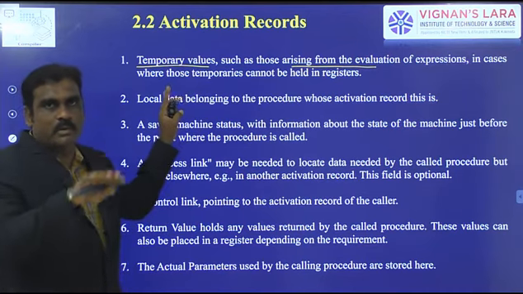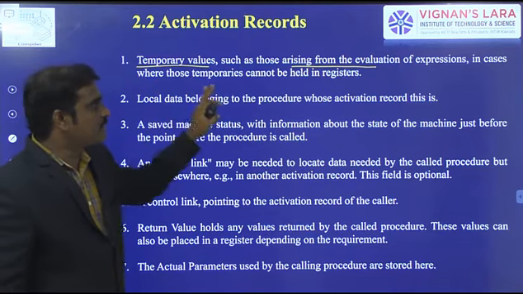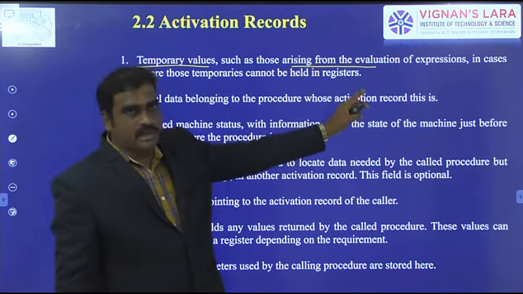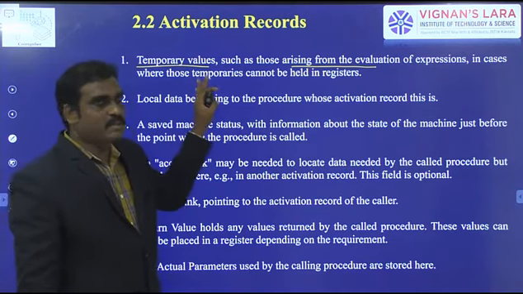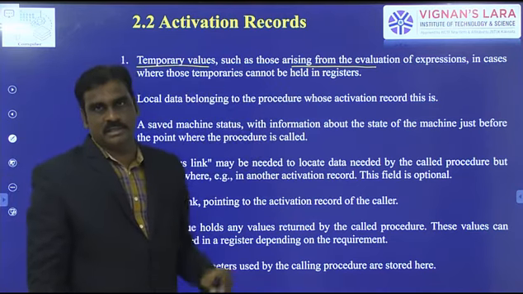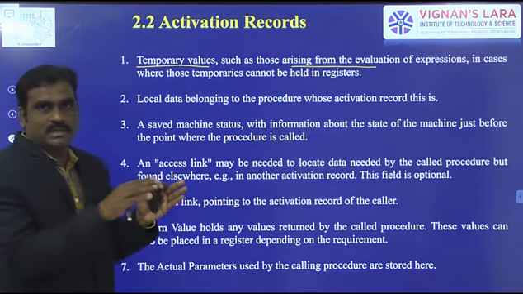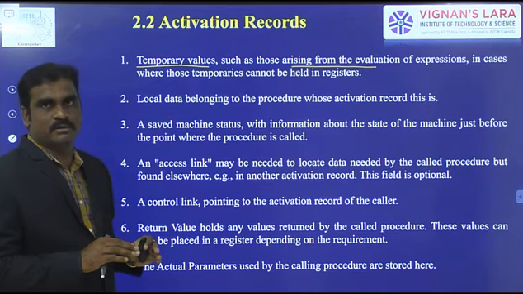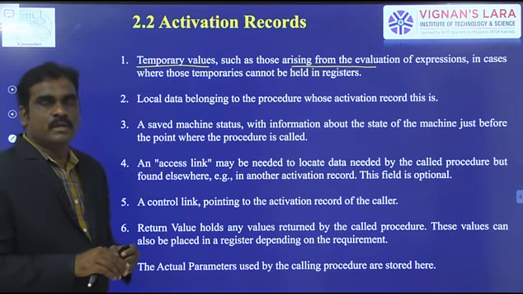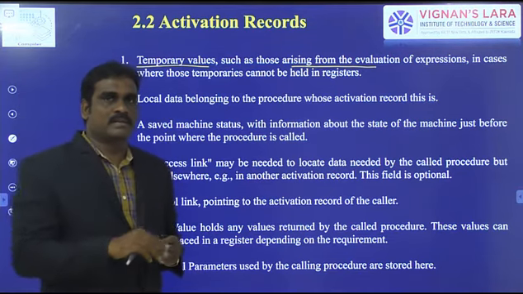We can use it in that block only. This is for evaluation of expressions in cases where those temporaries cannot be held in registers. Only in that function can we use the temporary value, and these values cannot be used in other functions.